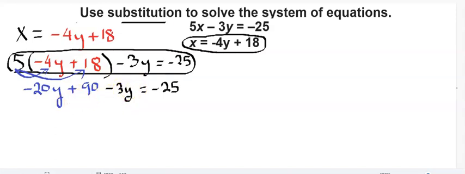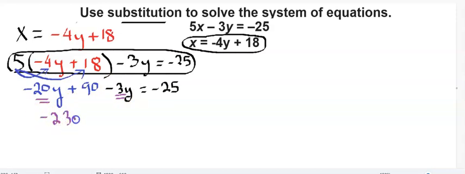But you notice that on the left side, you have negative 20y and a negative 3y. So what you want to do is combine like terms first. Negative 20y minus 3y gives you negative 23y.